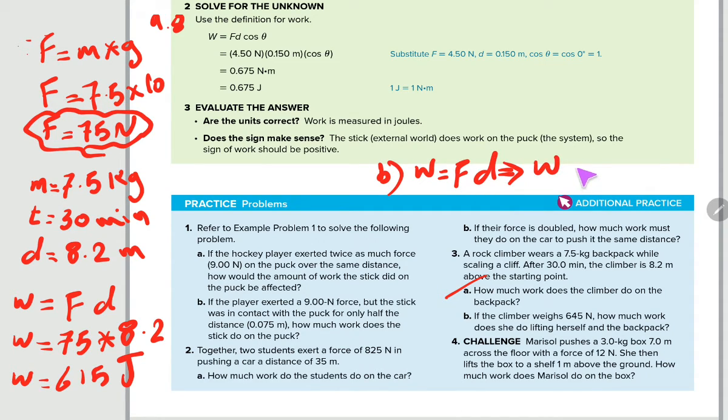So the work equals the force, which is 645 multiplied by the distance, which is 8.2. So W equal to 5,289 joule. And this is the final result for the work in question B.